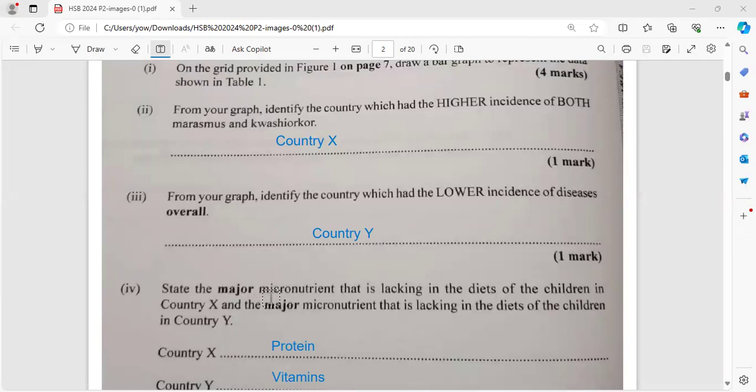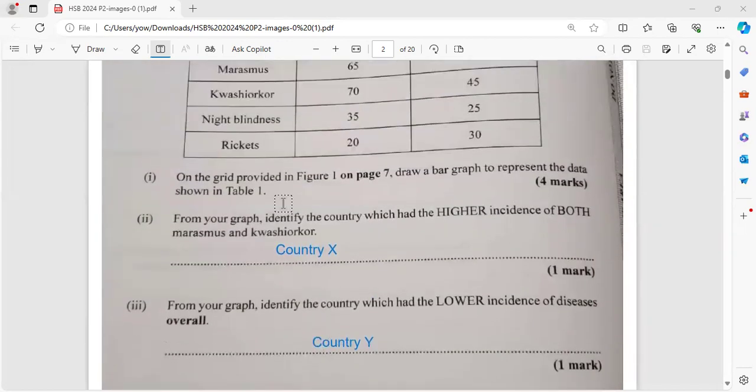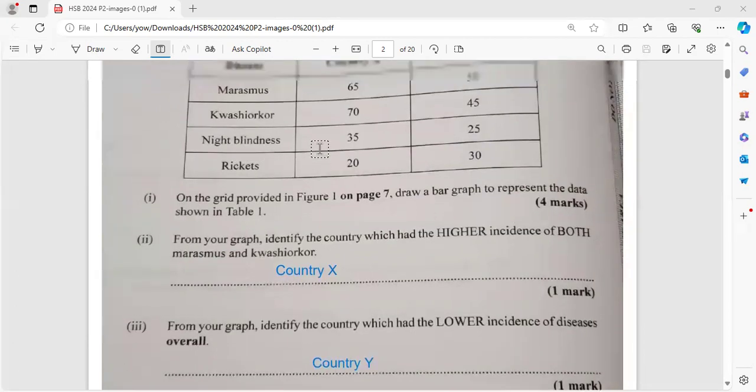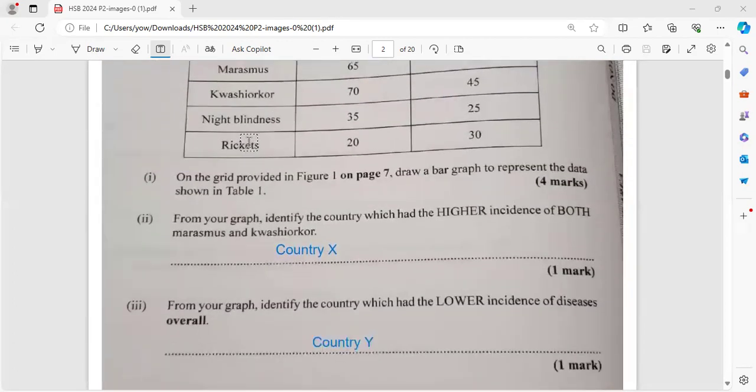It's micro and not macro, right? I actually misread that in doing this paper. Now I saw it, so I looked back and corrected it. So night blindness, it says micro, so we're talking about vitamins and minerals. Night blindness in country X is higher than rickets.